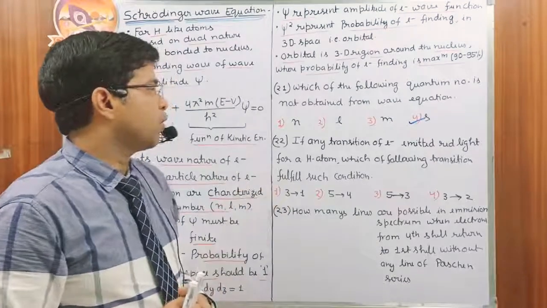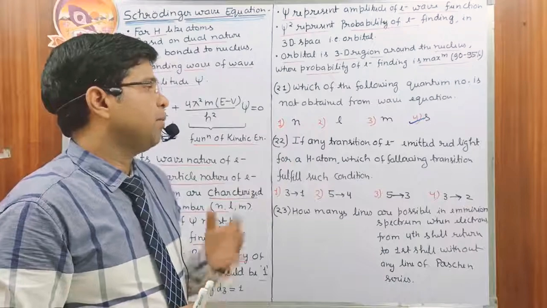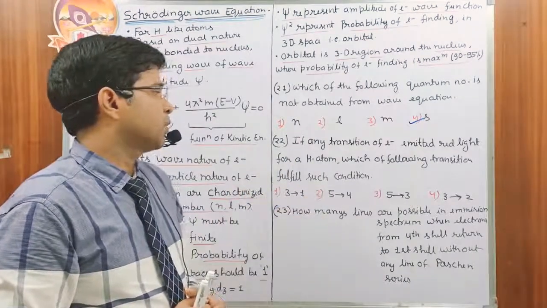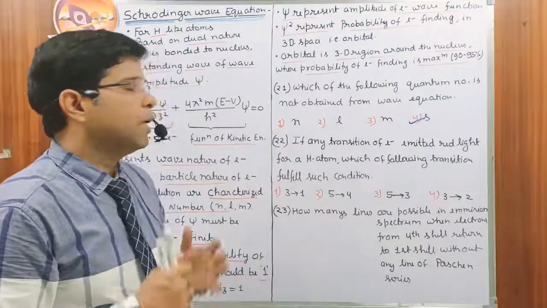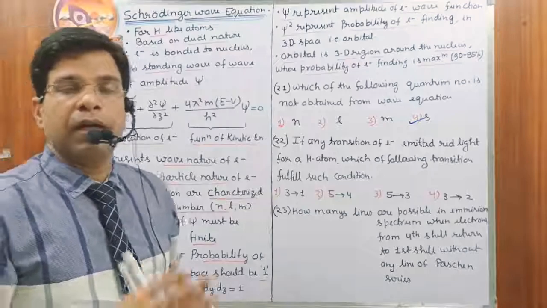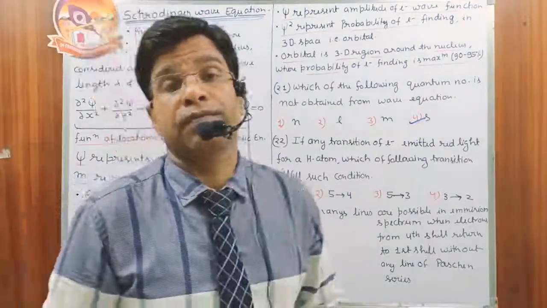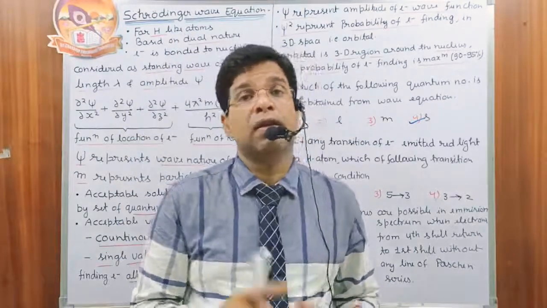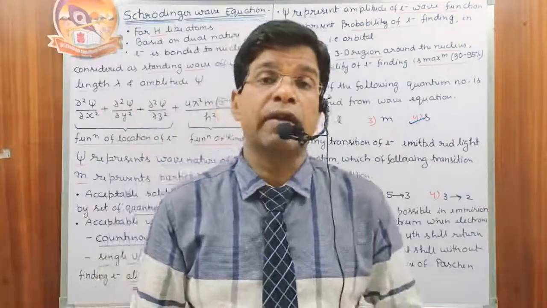Then question 22. In any transition of the electron that emits red light for a hydrogen atom, which of the following transitions fulfills such a condition? Red light of the hydrogen atom means this light must be visible in nature. Lyman series always releases ultraviolet energy, and our eyes cannot detect ultraviolet light.